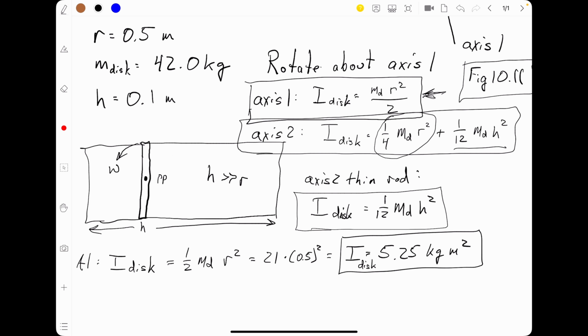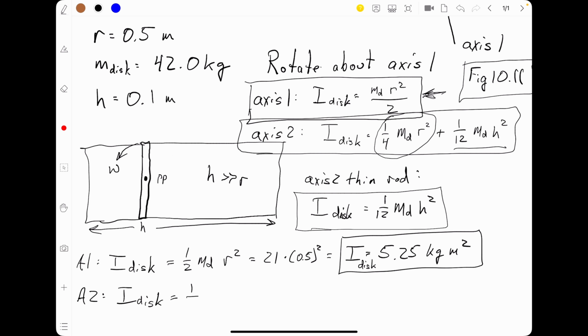Let's do axis 2. So it's still the moment of inertia for the disk, but we've changed the axis of rotation. The axis of rotation matters. So now we're going to put in 1/4 mr squared.